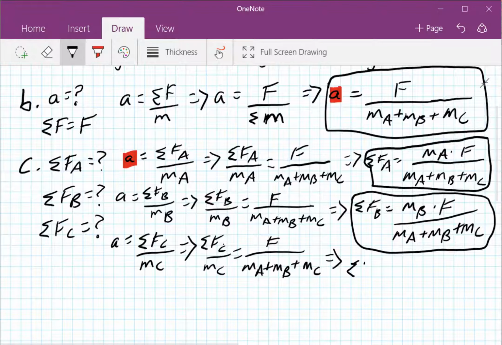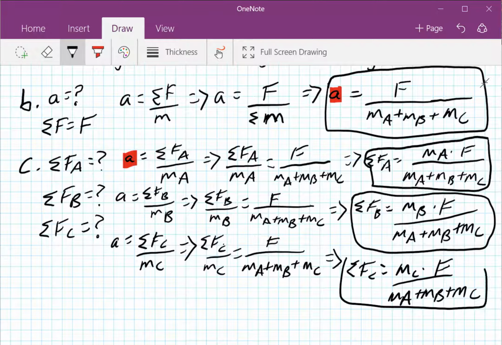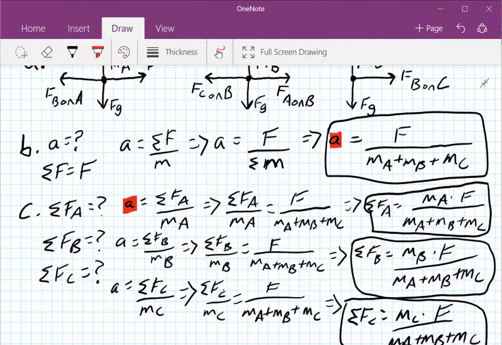You have the sum of the forces of C equal MC times F, all divided by MA plus MB plus MC. Okay, now this still looks terrible. That's better. That concludes part C.